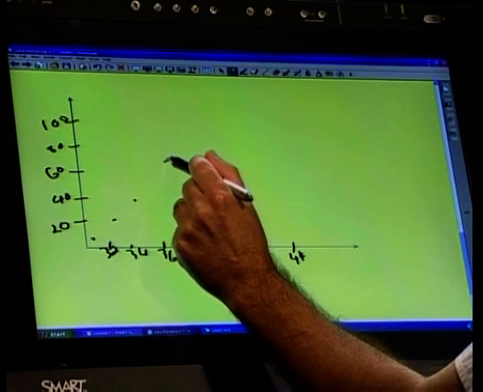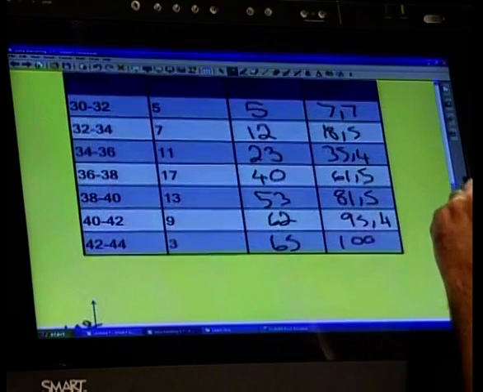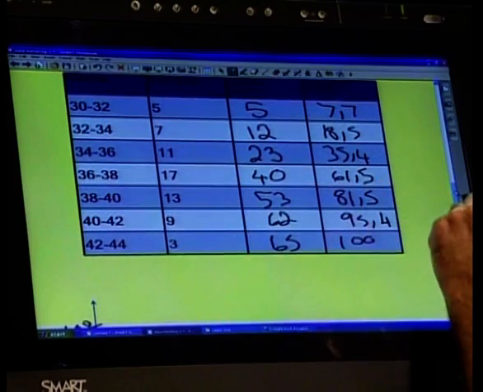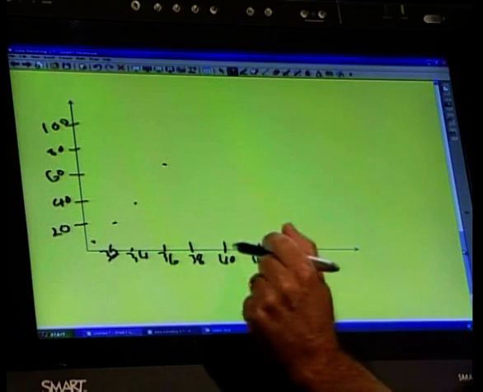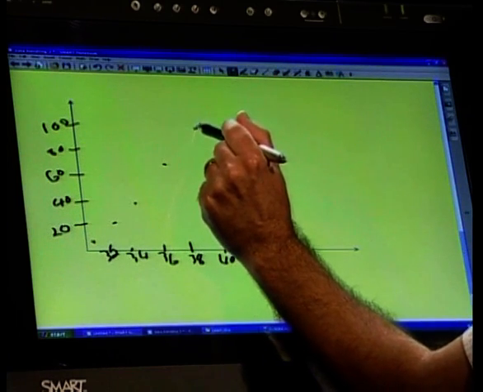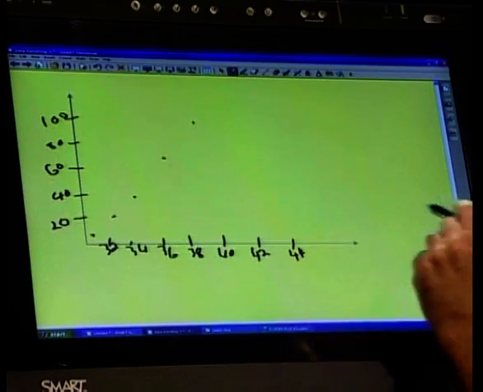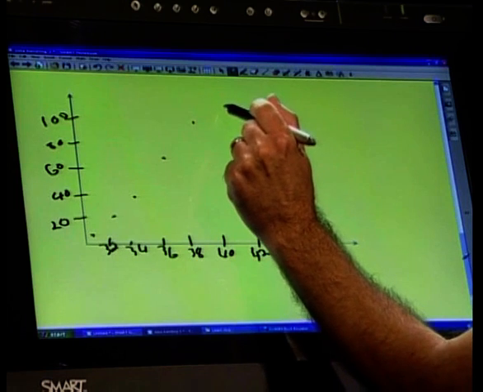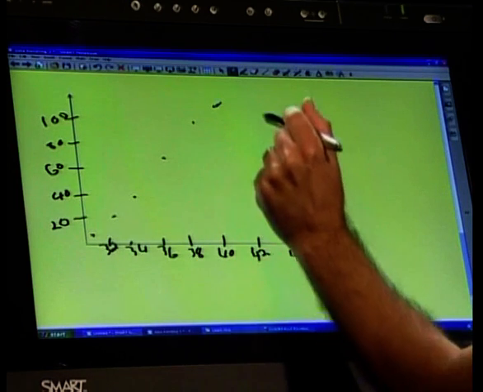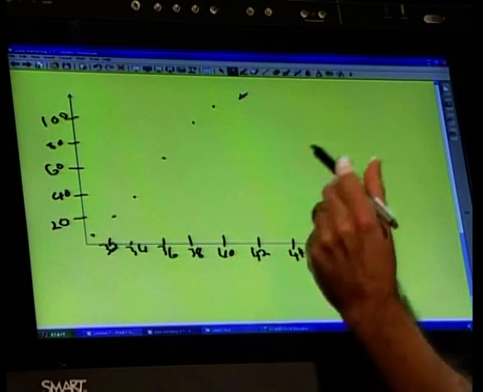That's round about there. Then we've got 81.5 when we get to 38 to 40. 95 for the next one, and of course 100 for the last. So 95 round about there, and 100 for the last.